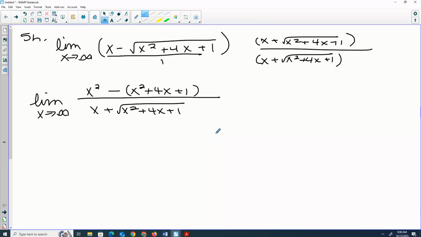Okay, pretty ugly at the moment. We can simplify on the top if we distribute that negative. Positive and negative x squared cancel. So I have negative 4x minus 1 over my denominator.